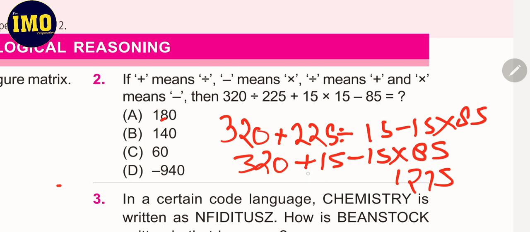When you add these two numbers you get 335. Here the negative number is greater than the positive number, so the result will be negative. Because you subtract 300 from 1200, it is approximately 900, so the nearest value to 900 is this one, so the answer must be minus 940.